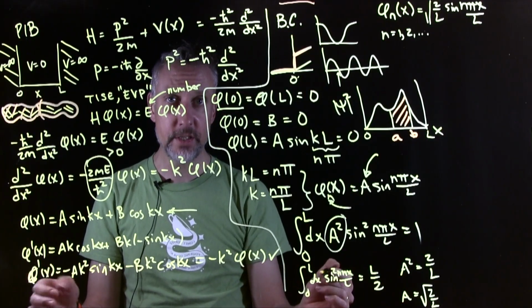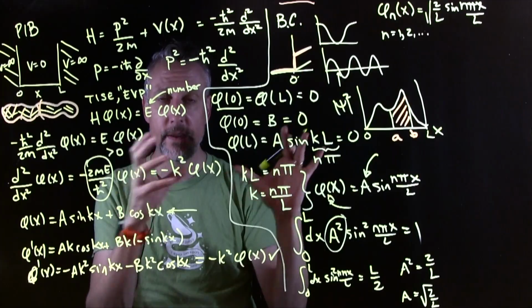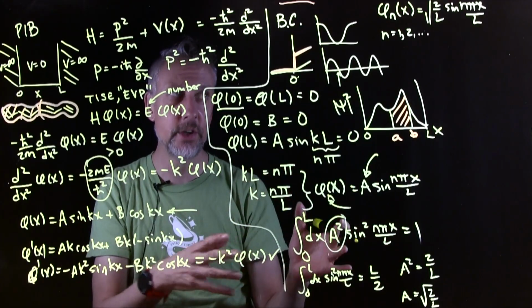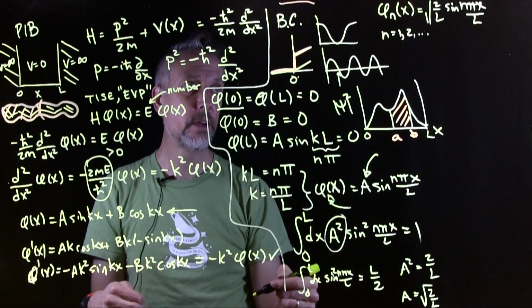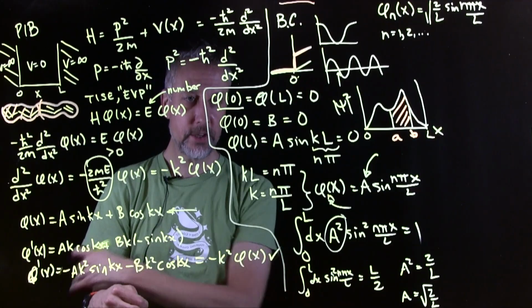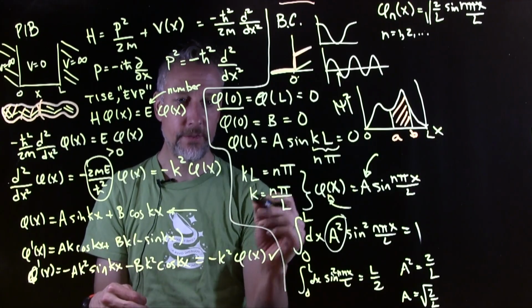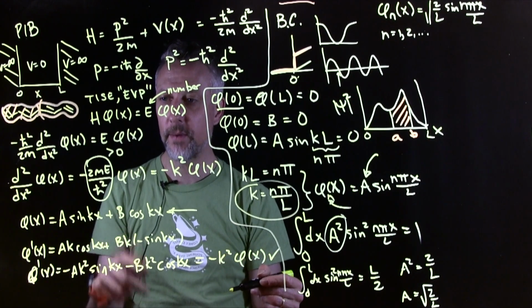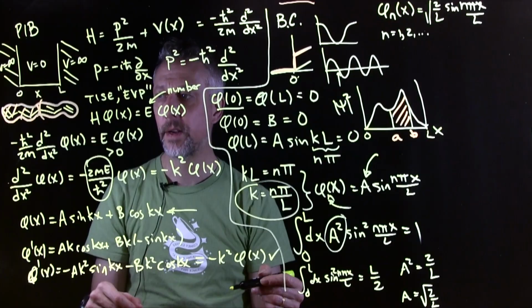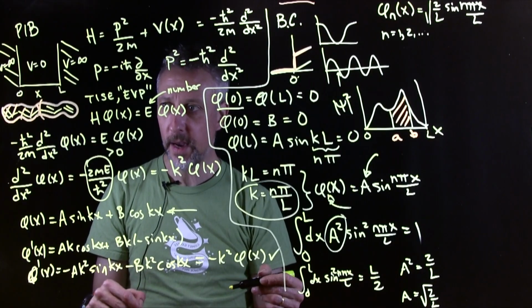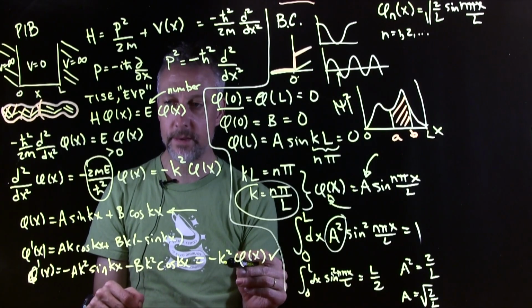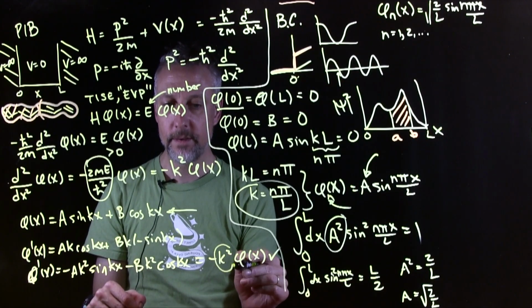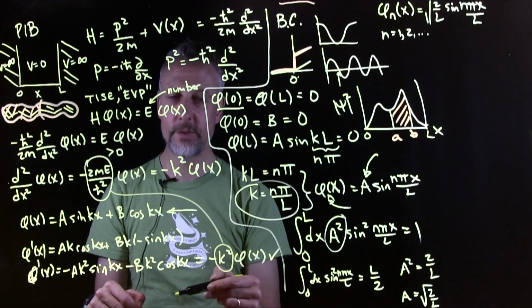What about the energy? We want to always have the eigenvalues and the eigenfunctions. Here we're talking about functions, so you can call this an eigenfunction. Well, we actually know the energy because it was easy. Since we found k right away, we can just use the formula that we have over here for the energy. We had the k squared here, which is equal to the stuff in this circle.